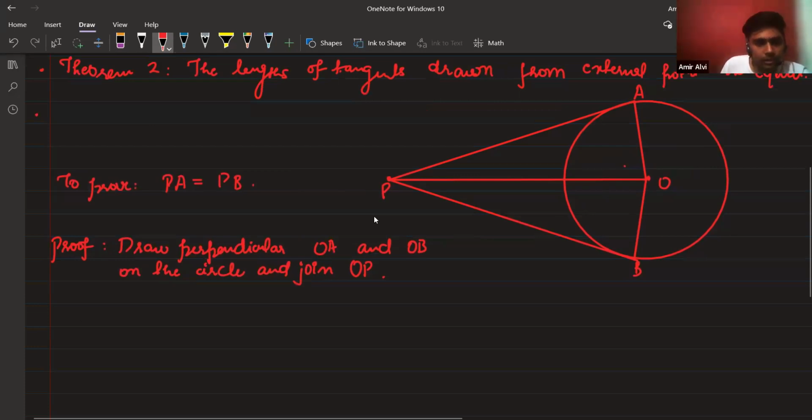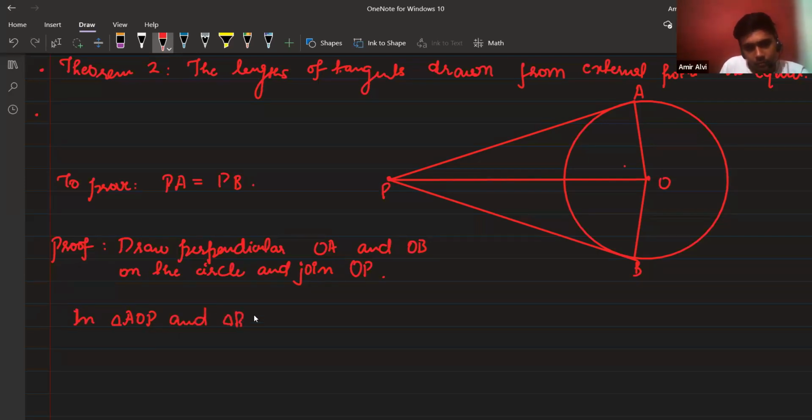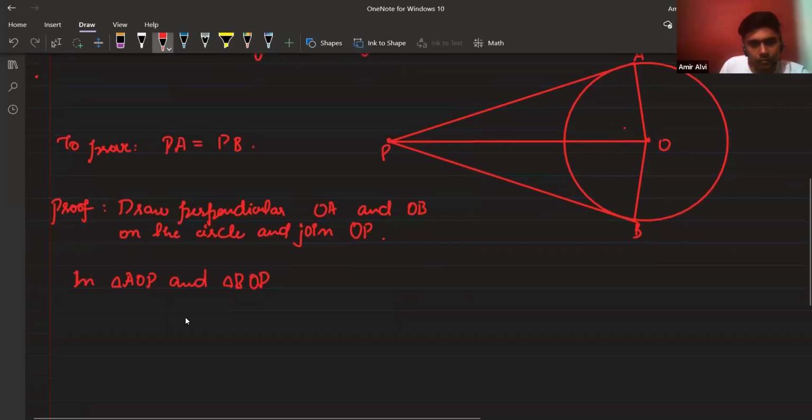Why? Let me take triangle AOP and triangle BOP. OA will be equal to OB, radii of the same circle.